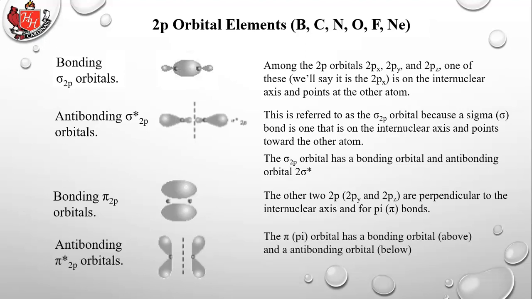Now the pi orbital has a bonding orbital above, that's the one we just talked about, and an anti-bonding orbital below. So you see what the anti-bonding orbital for those pi bonds looks like. Kind of looks like the bowling pins, and they're kind of bent around a little bit, but the important point is they're separated from each other, so they're pulling apart the atoms in the molecule.